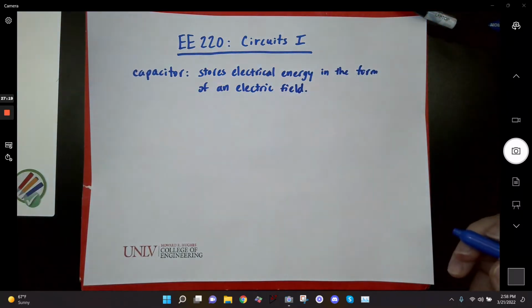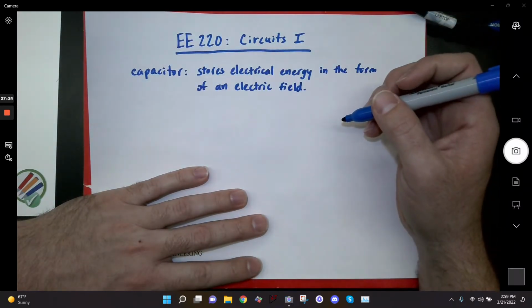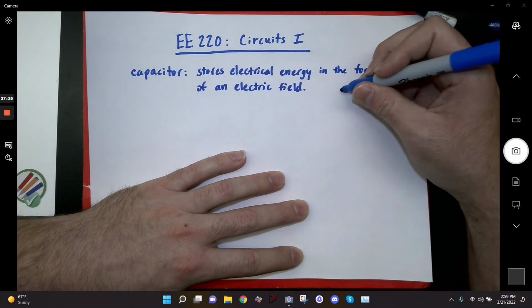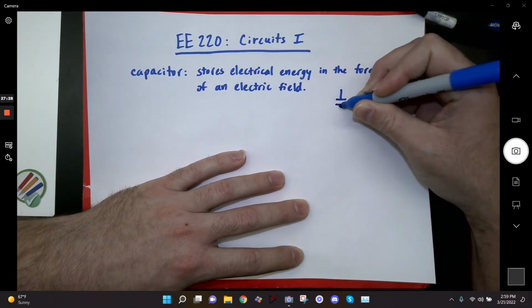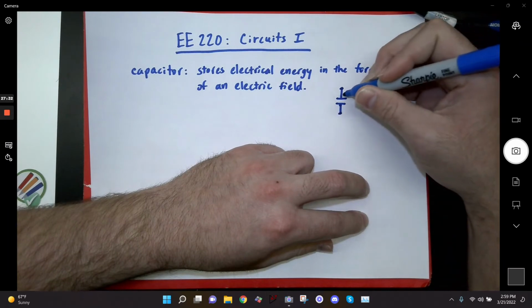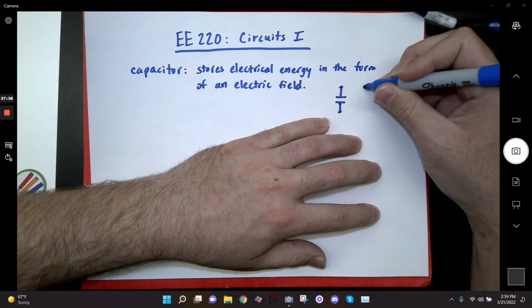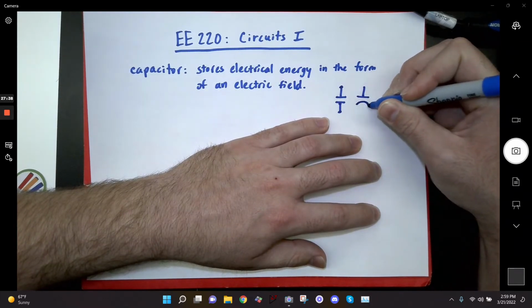All right, and capacitors look like this. There's actually a couple different ways you might see them. The main way that you'll see it is like this. And so you've got your two leads, and then this is the component itself. Sometimes you'll see them like this, where the bottom plate.